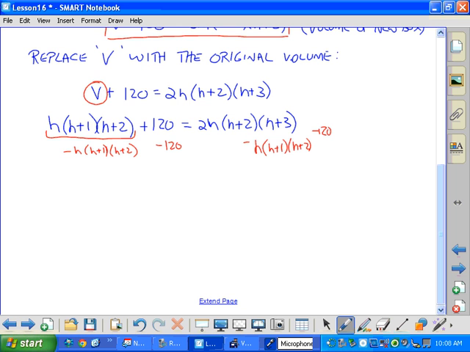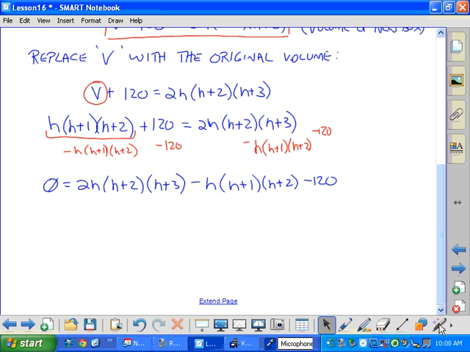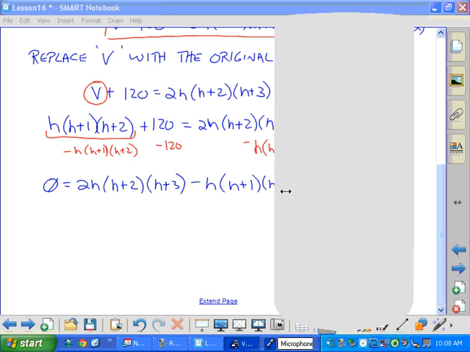So I end up with 0 equals 2h(h + 2)(h + 3) minus (h + 1)(h + 2) minus 120. And again, you're thinking maybe, do we have to simplify this equation? No, absolutely not. If we're going to use technology, once we have it in the equals 0 format, we can enter this into the calculator.